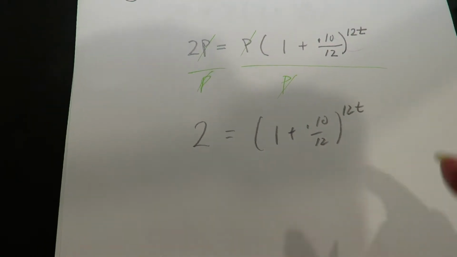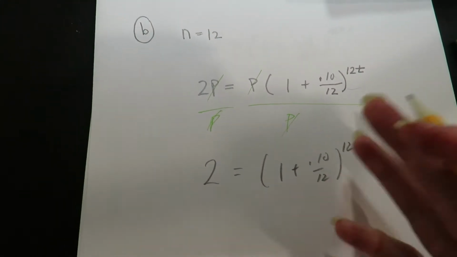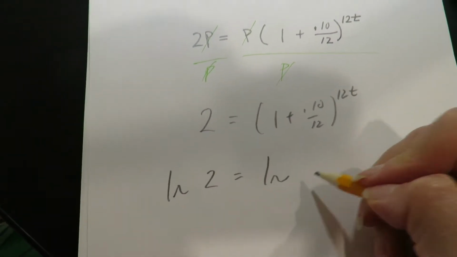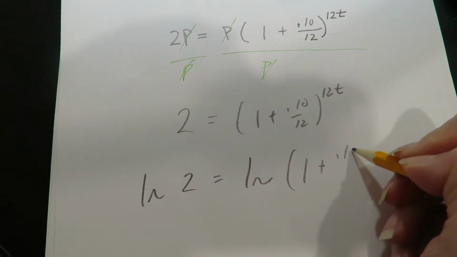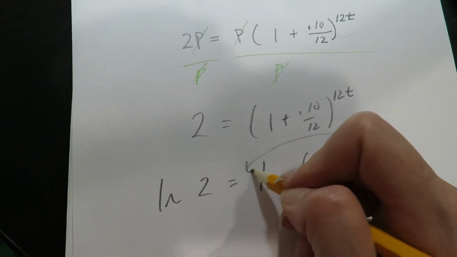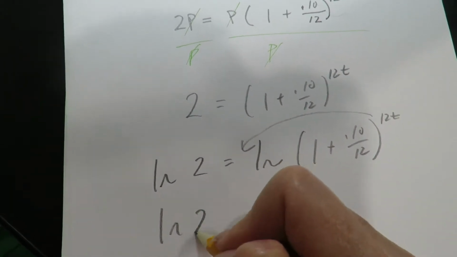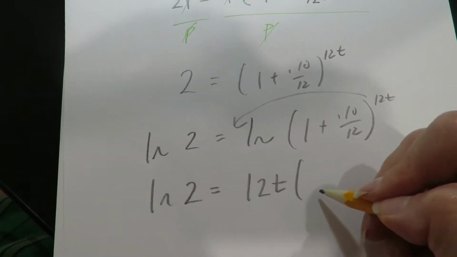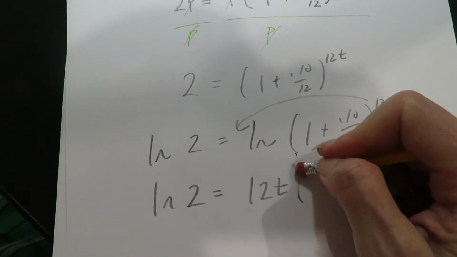You can smush this in your calculator if you want or not. Take the ln of both sides. Again, bring the exponent down in front. Oops, I lost my ln there.